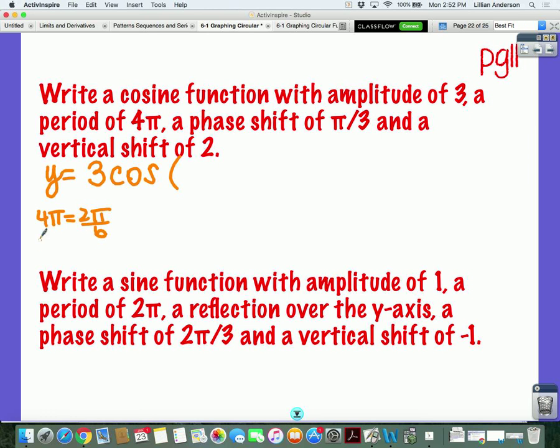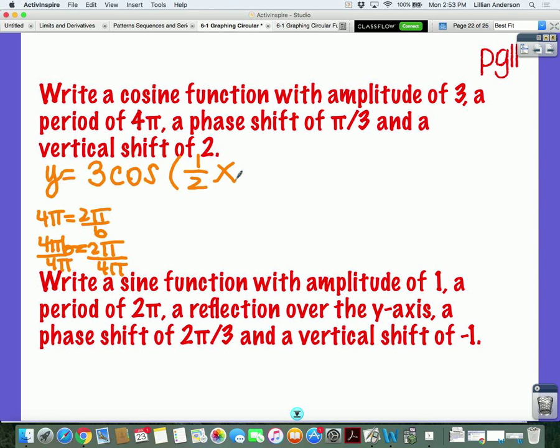Cross multiply, that's going to be 4 pi b equals 2 pi. And when you divide by 4 pi, what happens to the pi's? They cancel out. So it really is just 1/2. See that? 1/2 x.